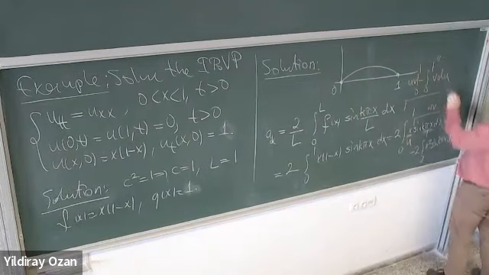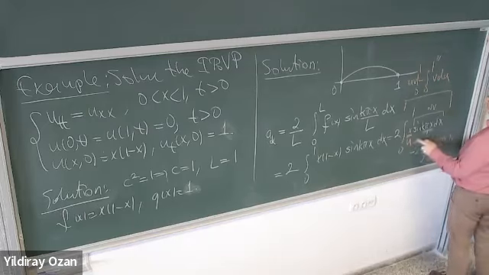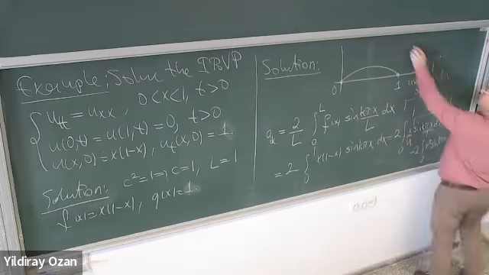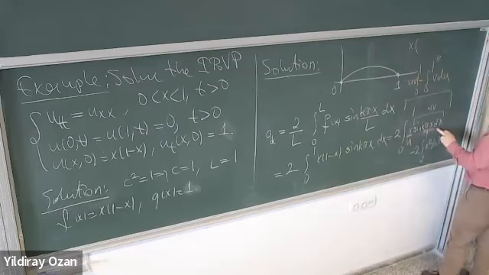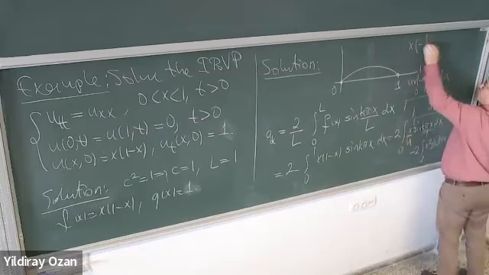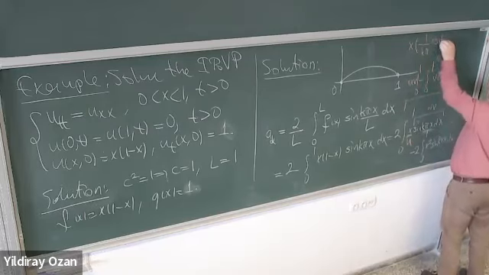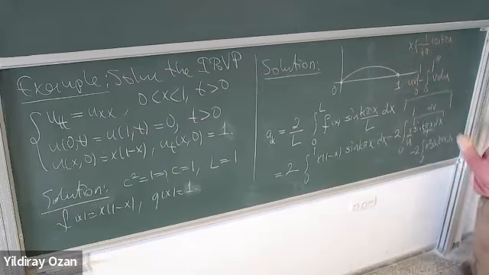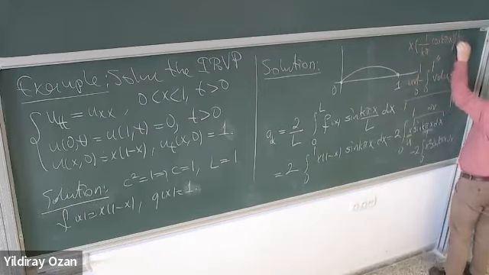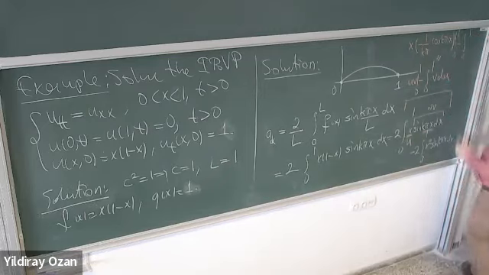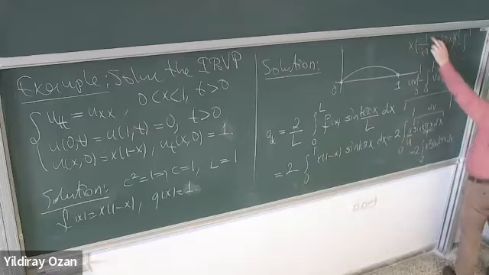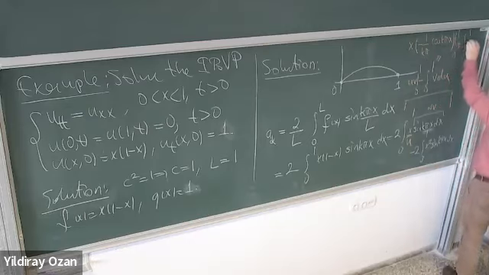That is equal to, u is just x, and v is the integral of this, so it is minus 1 over k pi cosine k pi x, from 0 to 1, minus the integral from 0 to 1 of v du. du is just 1, so minus, and then I have this, so it's plus 1 over k pi cosine k pi x dx.